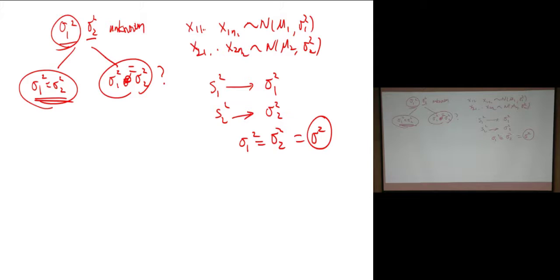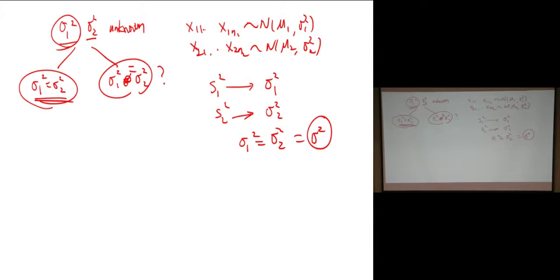So we need to combine the two. Why? Because if you just look at S1 square to estimate sigma square, then you forget about the information provided by the second sample. So you are not using every piece of information that you know to estimate sigma square.